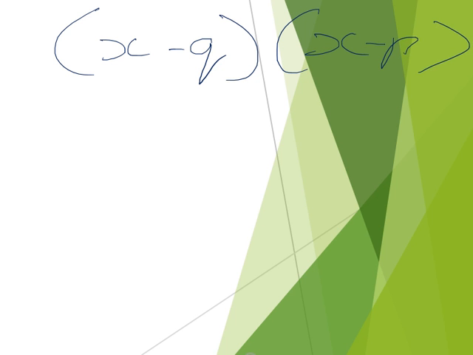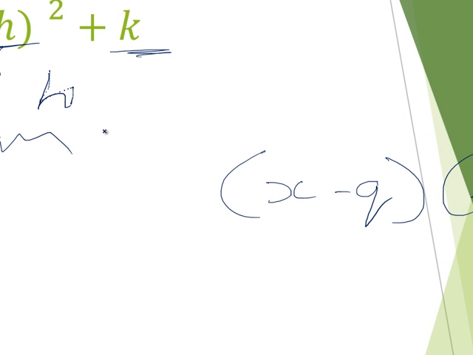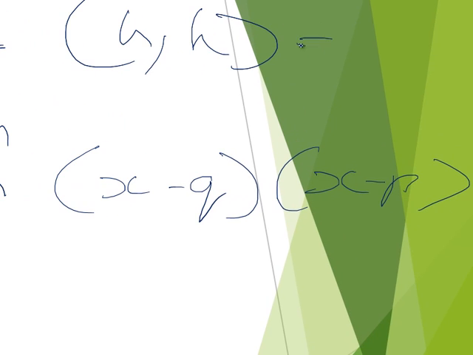If it's negative, it's actually positive, so it's h alone, and if it's positive h, it will be negative h, and k we put in, so we get the vertex, which is h and k. So we have covered the y-intercept, the x-intercept, and the vertex point.